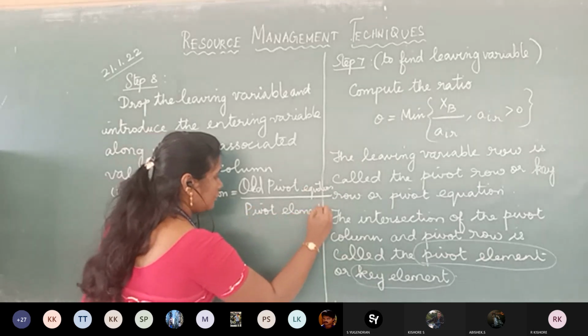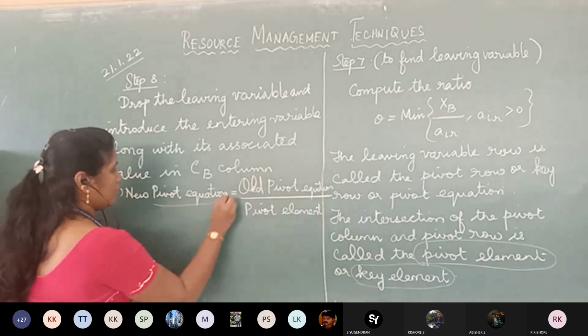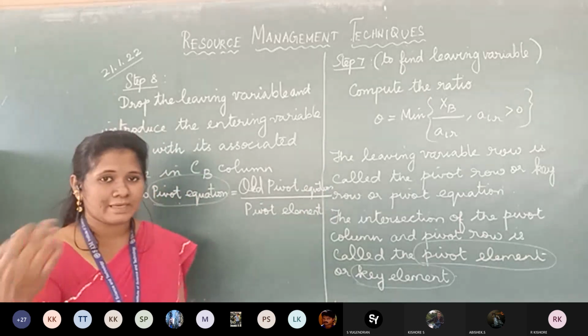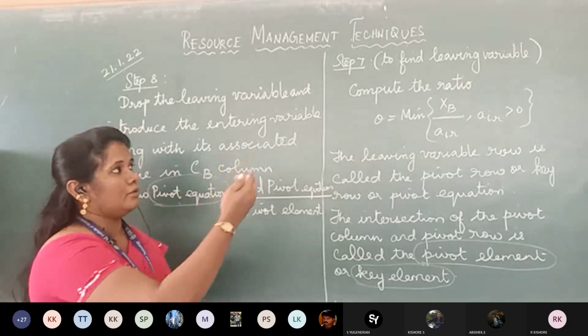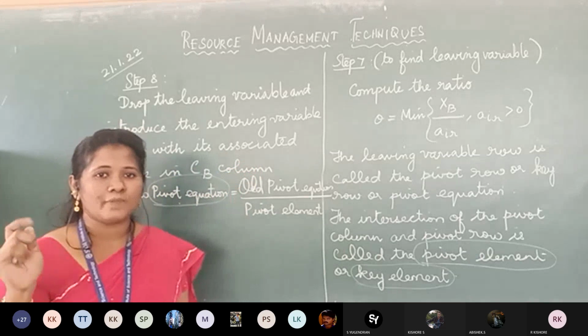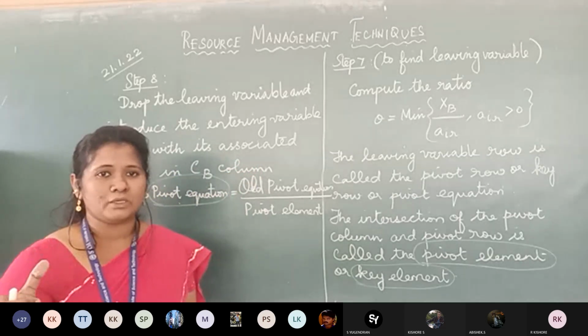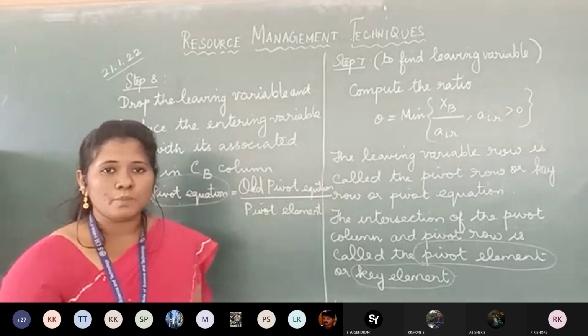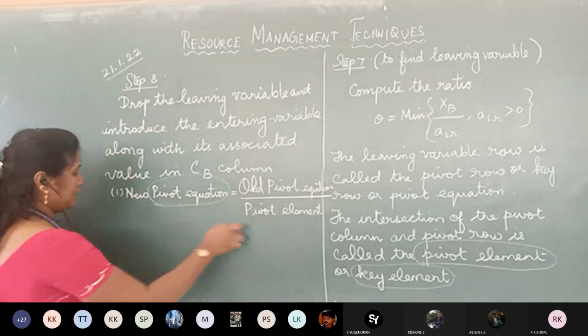This is the formula to find your new pivot equation. One variable will go and one variable will come inside, and for that you have to find your new pivot equation, which is your old pivot equation divided by the pivot element.